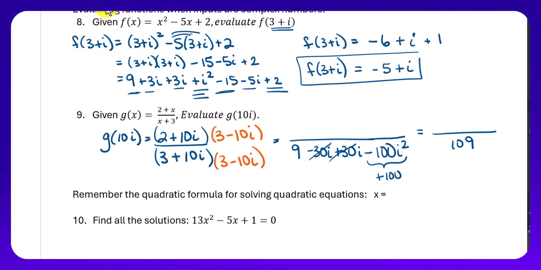The top, distributing the 2, 6 minus 20i, distribute the 10i, plus 30i minus 100i squared. This part becomes a plus 100. So I'll have 106 plus, and then these two i's, when I combine them, 10i.